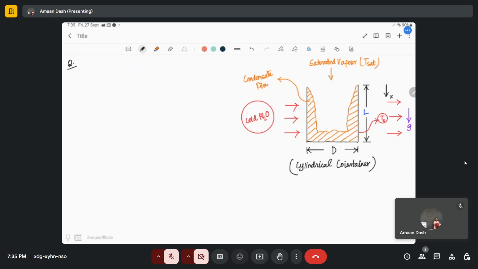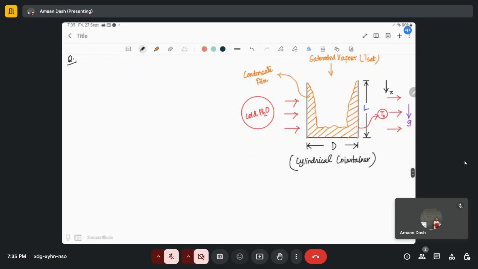So the liquid mass in the container can be expressed as, let's say, if this is the x direction, then up to this length from the top is x.